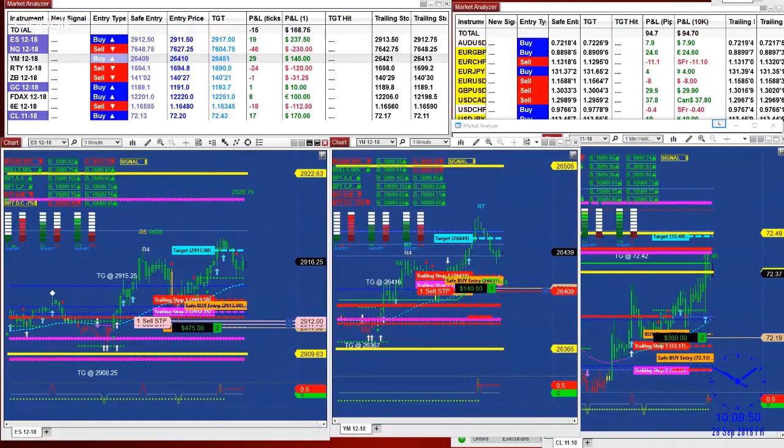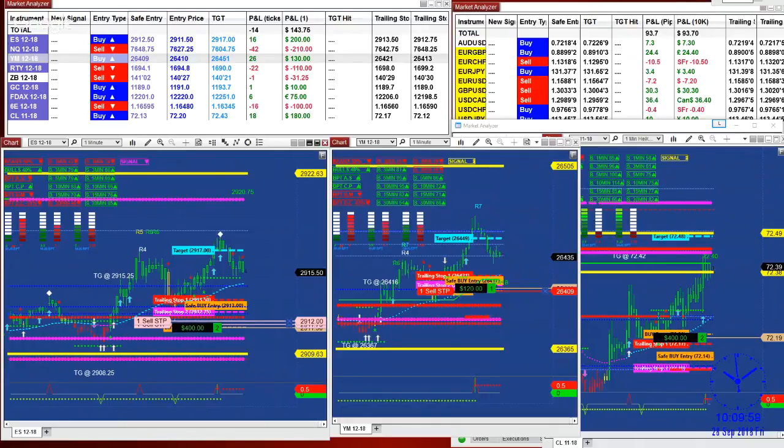Then your best option to trade on Friday is around when everybody goes home, because on Friday this market is gonna go one direction. Most of the Fridays go one direction.